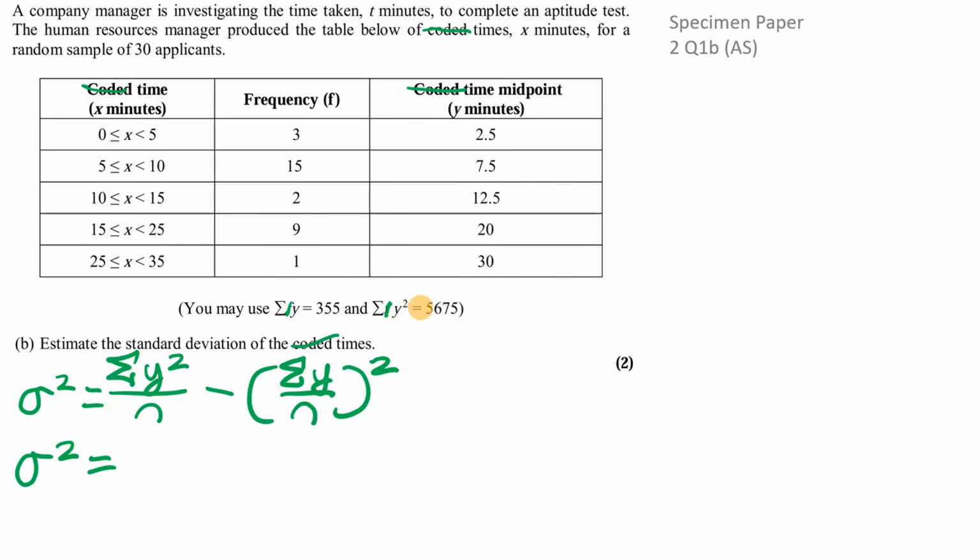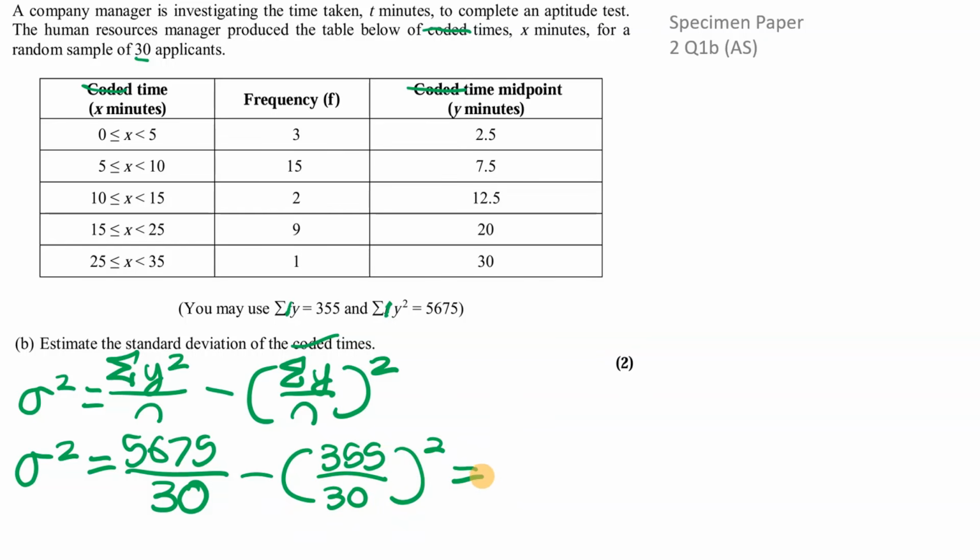So sigma y squared here is 5675 over n, and we're told there are 30 applicants that did this, so n is equal to 30, or you could add up the frequencies here, minus, now we haven't figured out the mean, but we can figure out the mean from inputting the values here, because sigma y, we're told, is 355, and we know n is 30, and then we're going to square this entire thing here, okay?